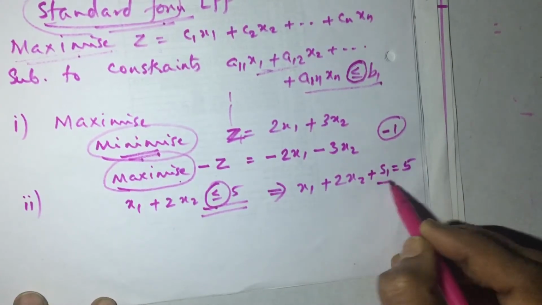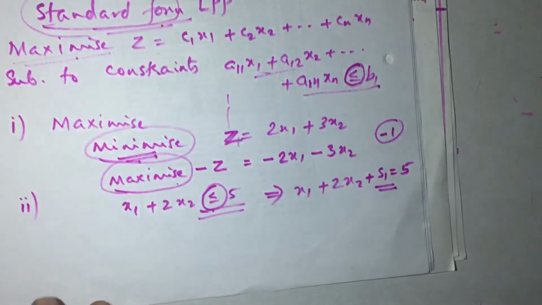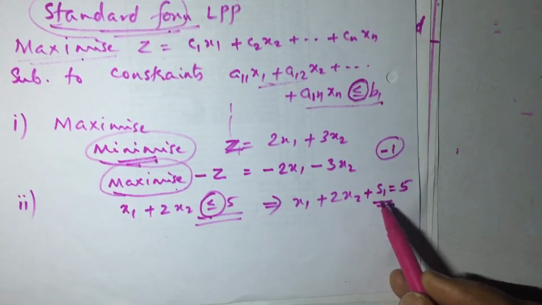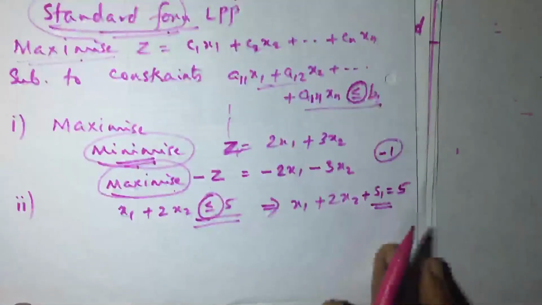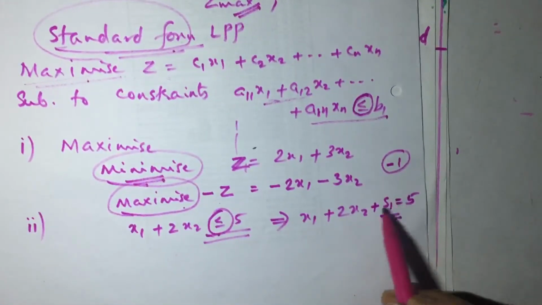When you put s1 here, a corresponding change in the objective function will also be there. I will tell you that while doing the problem. When you add s1 here, the objective function z also will be added with these terms.